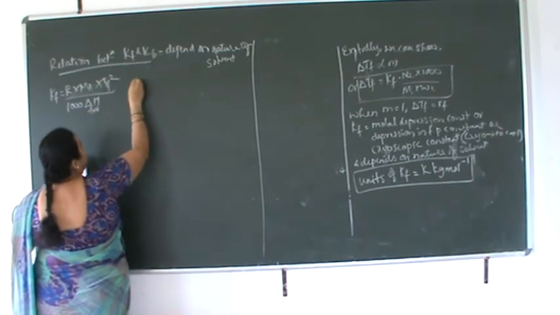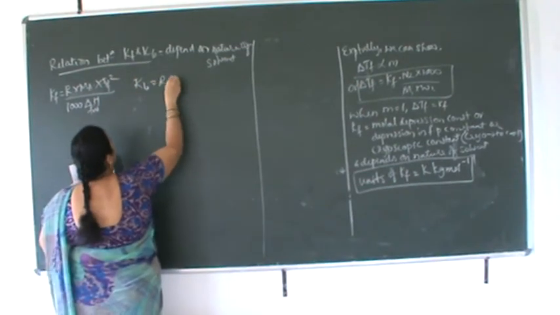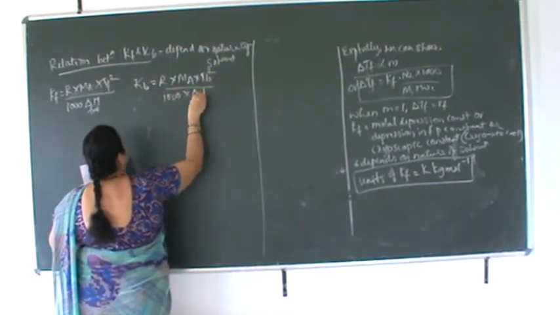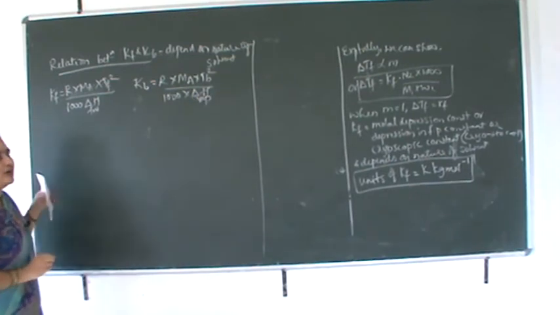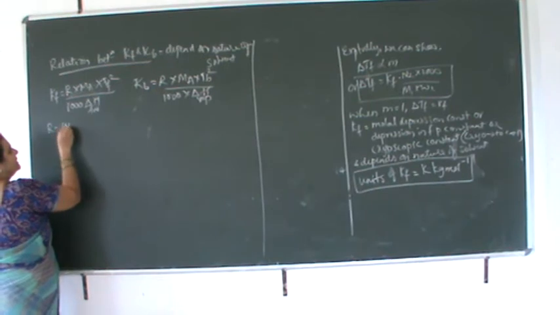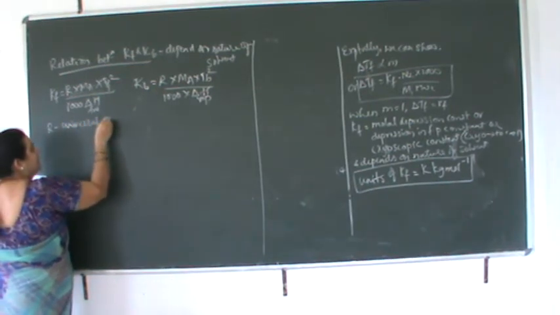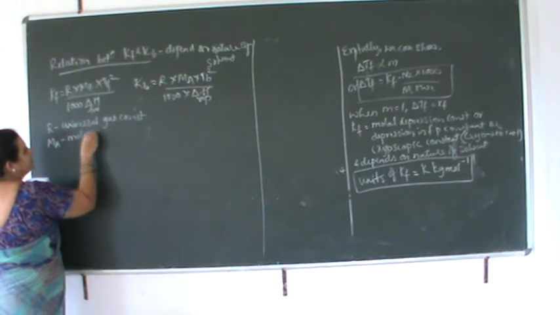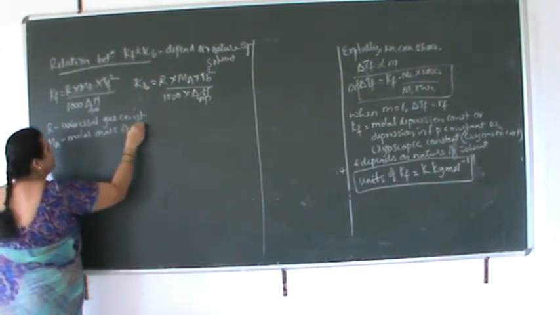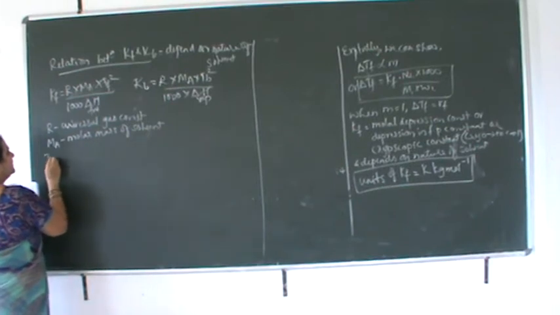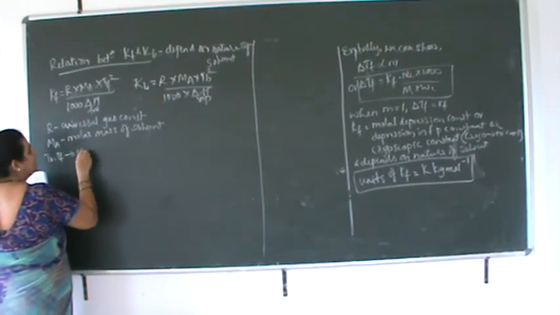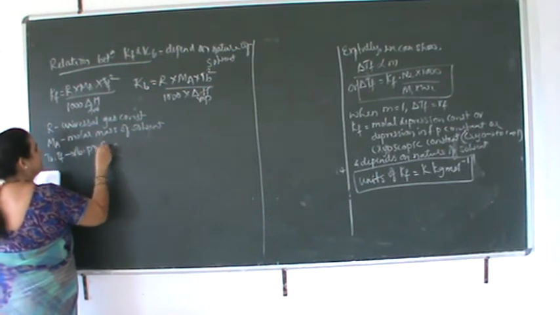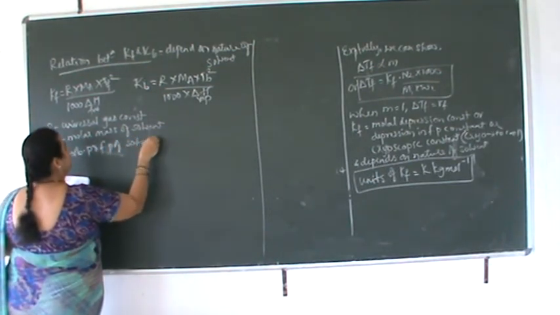Kf means fusion. Similarly, Kb is equal to R into Ma into Tb square divided by 1000 into delta H vaporization. Tb and Tf are the boiling point and freezing point of the solvent respectively.